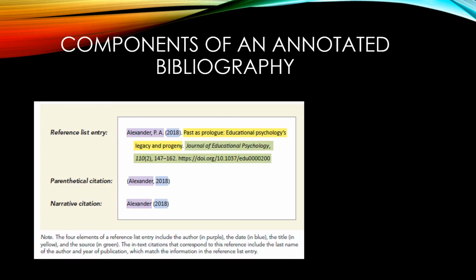All right, so now I'm going to start going through each of the components of an annotated bibliography. The first component is going to be your APA style reference. Just to recap from my previous video, I'm going to go through each component of an APA style reference for you as well.